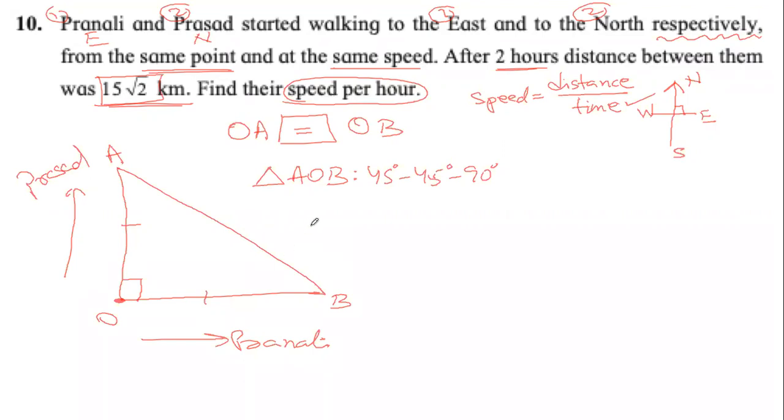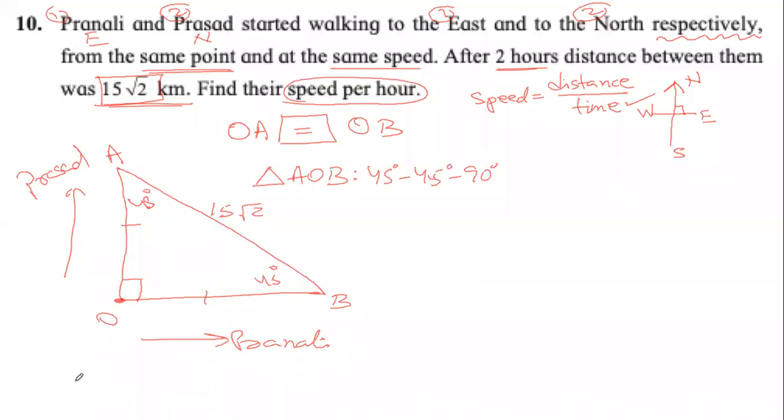It is the hypotenuse. Because after 2 hours, they are at the points A and B respectively. The direct distance between them is 15 root 2 kilometers. 45, 45.